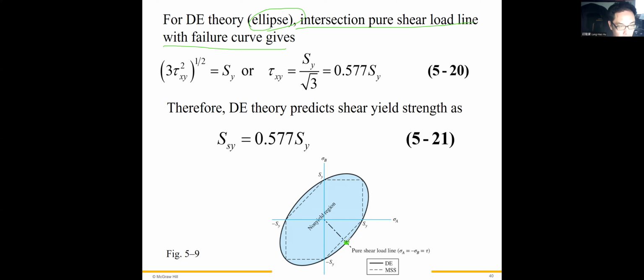Then we can plot this projection line onto the sigma A axis, and the ratio between this length and this length will equal 0.577. So we say the shear yielding stress equals 0.577 times the yielding stress.